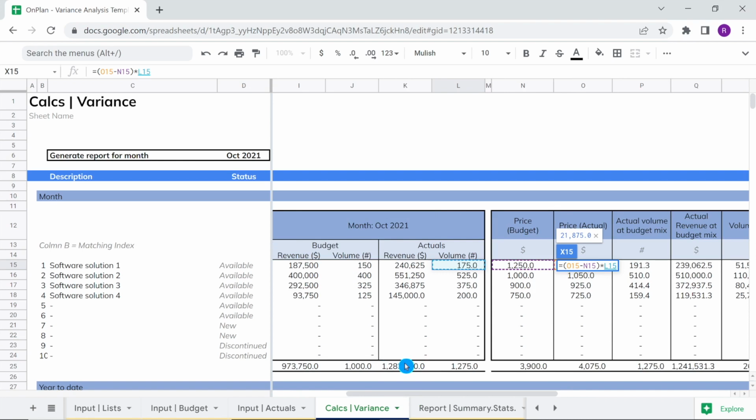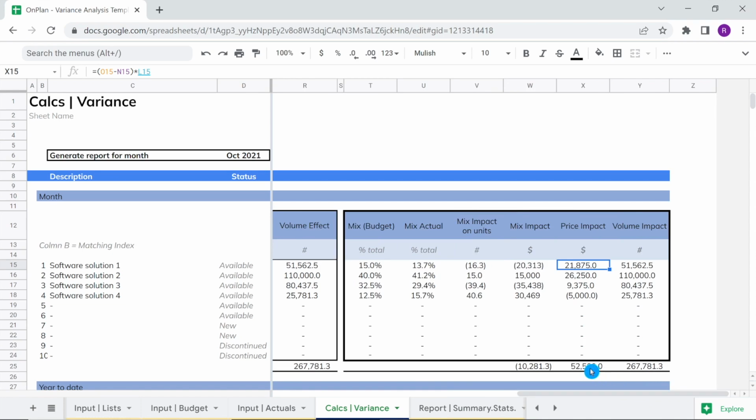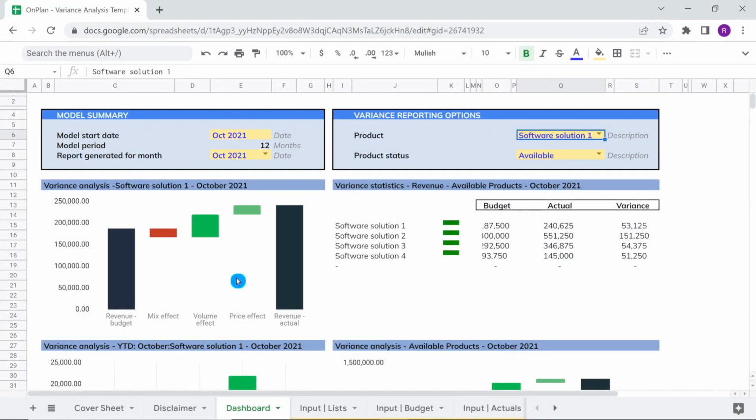As we can see, 3 of 4 solutions had a higher actual price with respect to the budget price. These isolated price increases amounted to a combined price impact of $52,500.